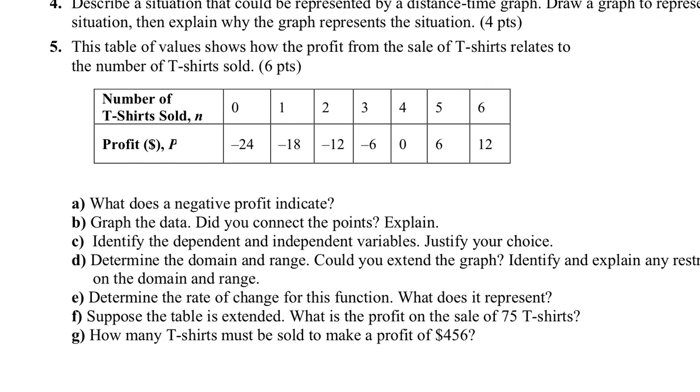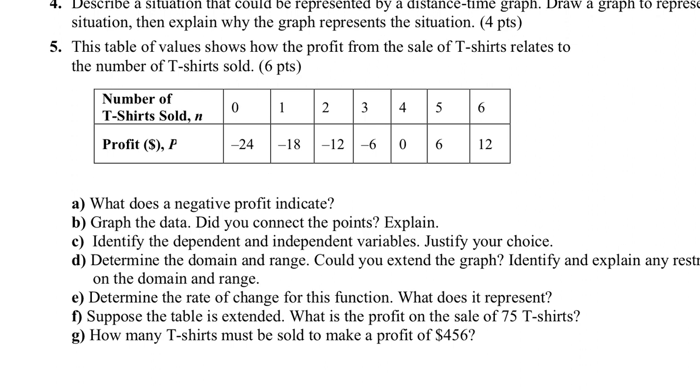I'm not really going to mark you on preciseness, just as long as it looks the way that it should. So in this case here, we have a situation. This table of values shows how the profit for the sales of t-shirts relates to the number of t-shirts sold. The number of t-shirts sold is 0, 1, 2, 3, 4, 5, 6. The profit is minus 24, minus 18, minus 12, minus 6, 0, 6, 12. So what does a negative profit indicate?